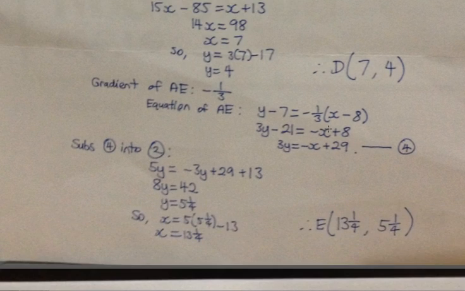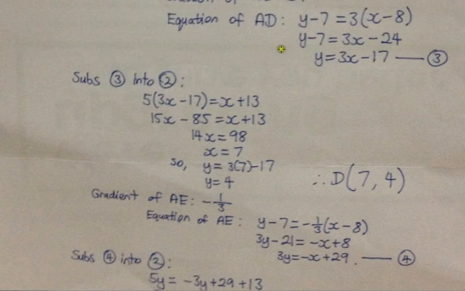Next, I'll be working out the coordinates of E. Similarly, I'll be using simultaneous equations. I already know the gradient of AE, which is negative 1 over 3, because the gradient of AE has to be negative 1 over the gradient of AD, which is 3.